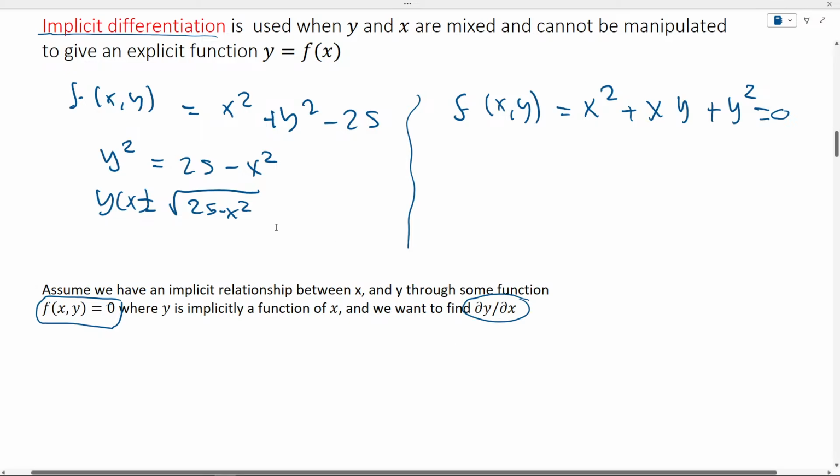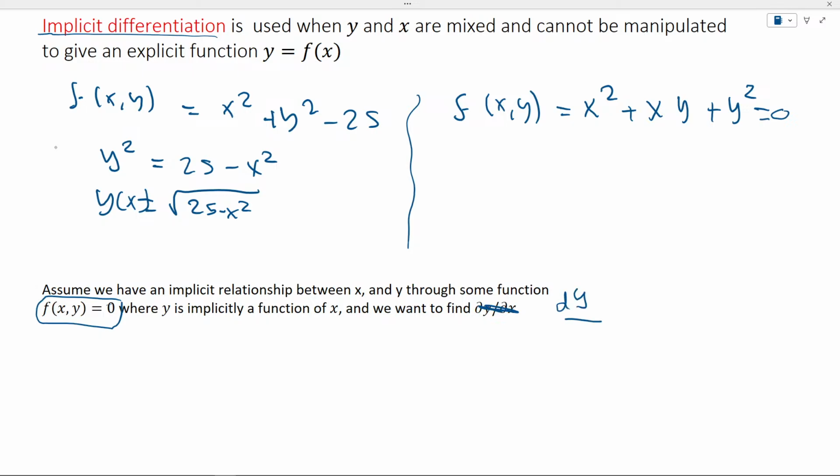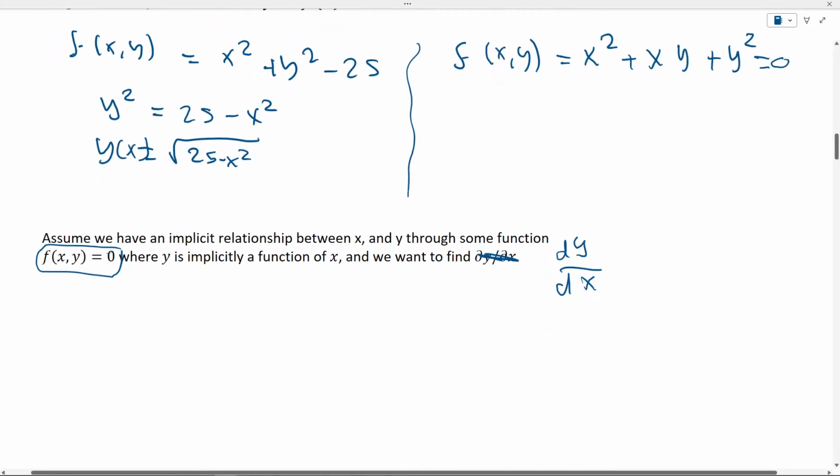How can we find this partial derivative, or even not just this partial derivative? We can find this one, but how can we find dy with respect to dx where they are mixed together? Not just a partial derivative, but the total derivative.